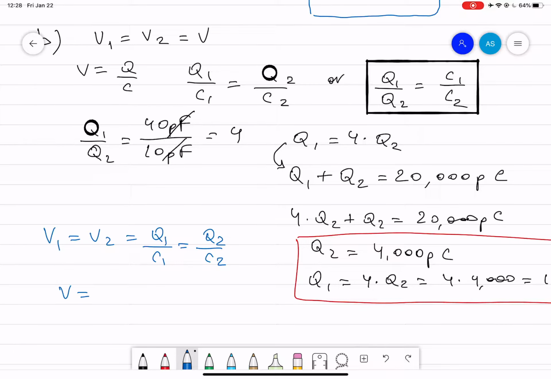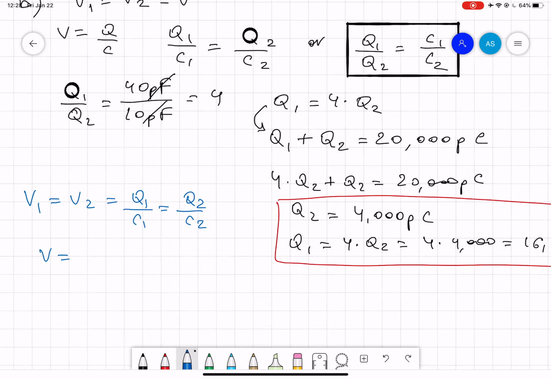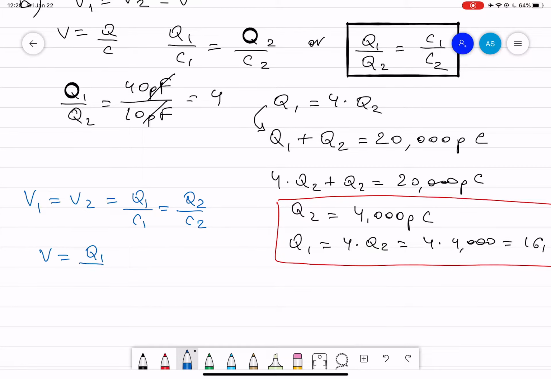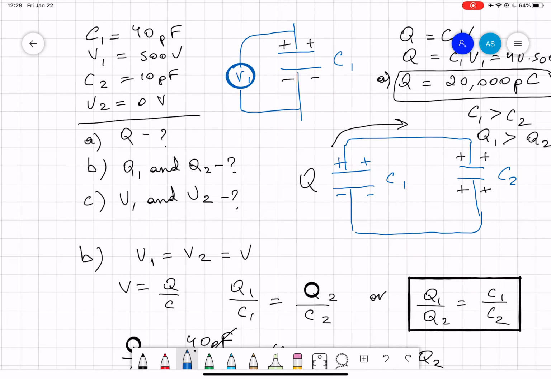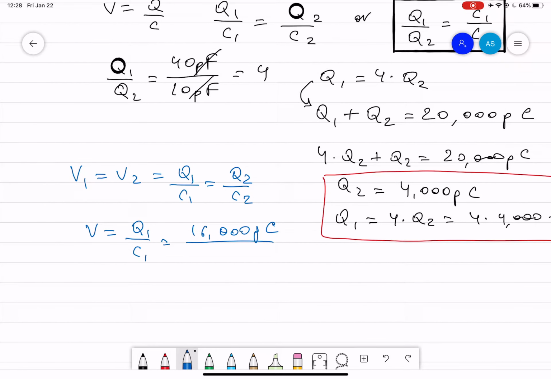Q1 was equal to 16,000 picocoulomb, and C1 was equal to 40 picofarad, right? So 16,000 picocoulomb divided by 40 picofarad gives you 400 volts. Okay, so this is part C. So this is how you solve such a problem.